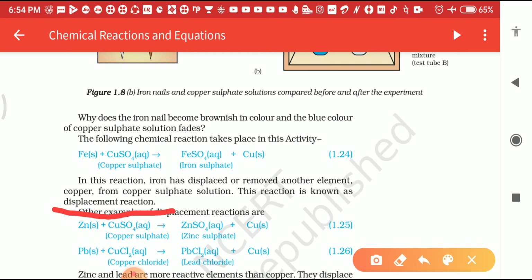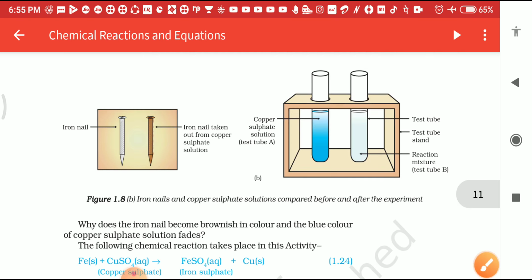Now students, I hope you will understand what a displacement reaction is very easily. In a displacement reaction, when the more reactive element displaces the less reactive metal, that is called a displacement reaction. And you will see here the color also changes.